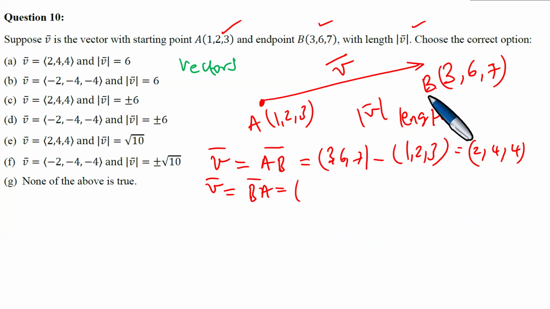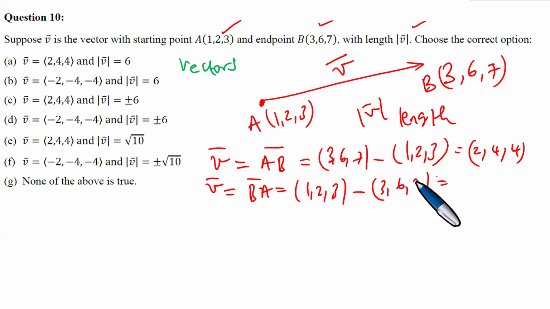If you move from B to A, then A is your final point, so you have 1 minus 3 is minus 2, 2 minus 6 is minus 4, 3 minus 7 is minus 4.